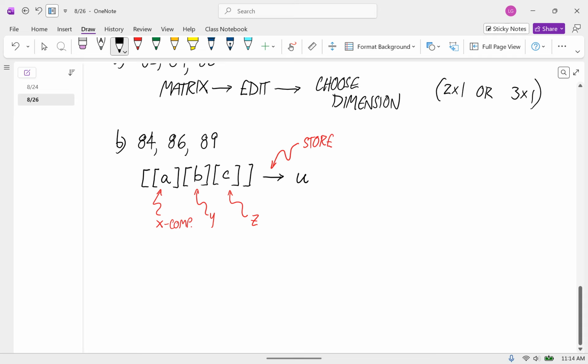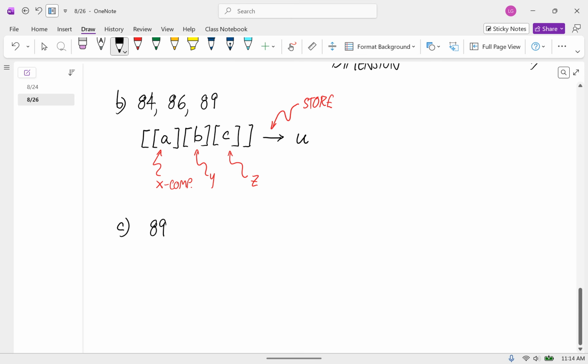If you have an 89, you can also use this format that saves a couple keystrokes. You can just go square brackets to define the matrix, and then A, semicolon, B, semicolon, C, and then store it if you want to store it.